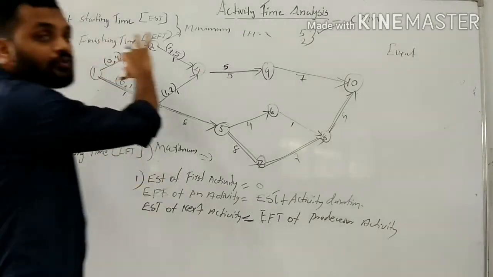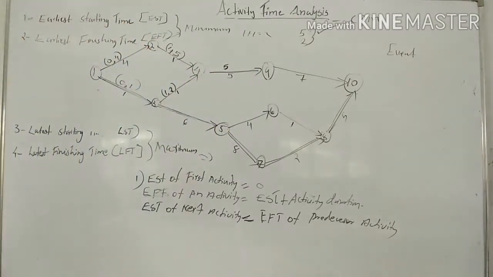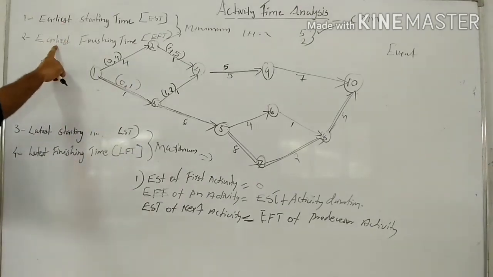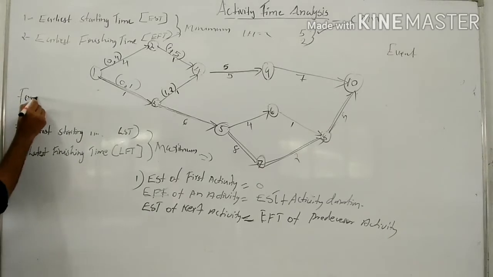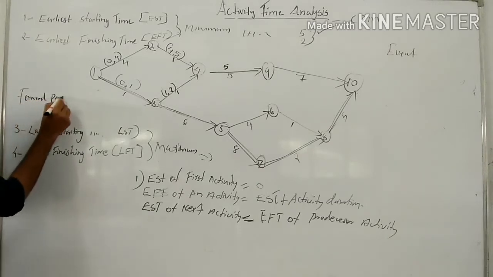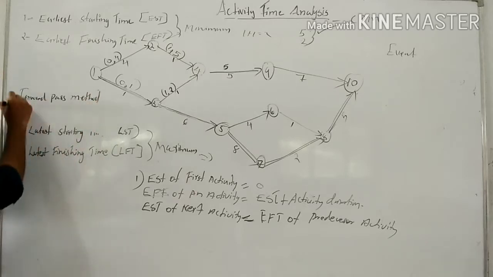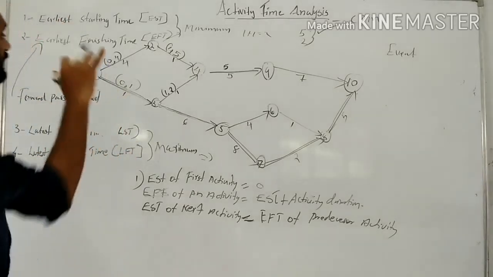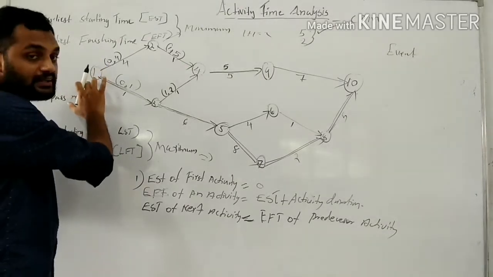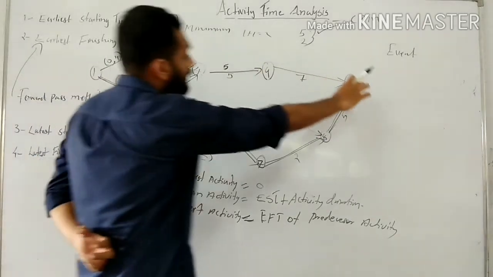Remember that we are following the forward pass method for calculation of ESP and EFT. Forward pass method means calculation from the start event to the final event, from the first event to the last event.